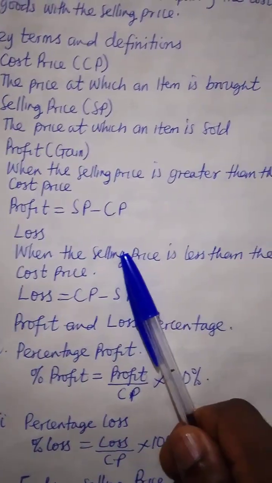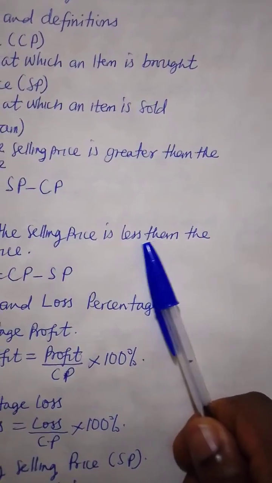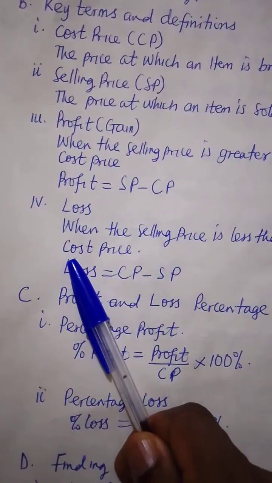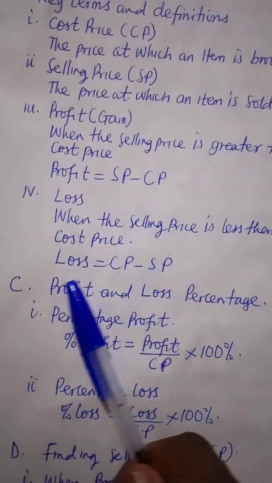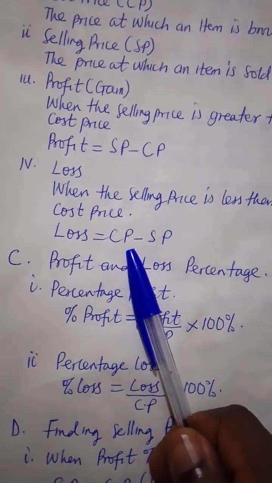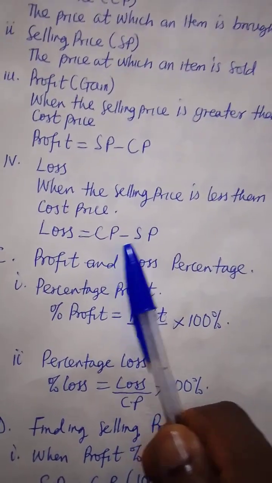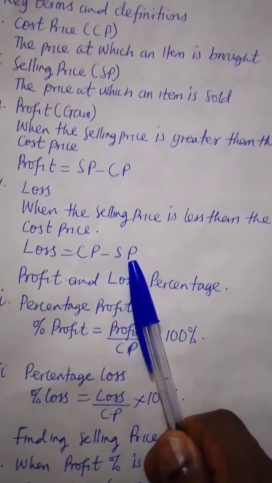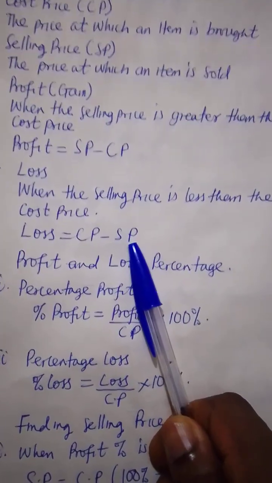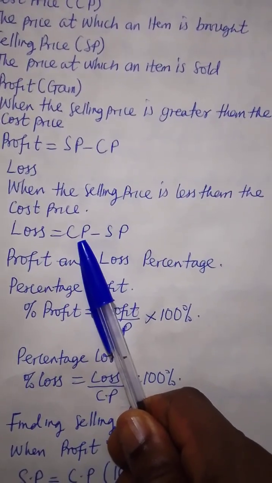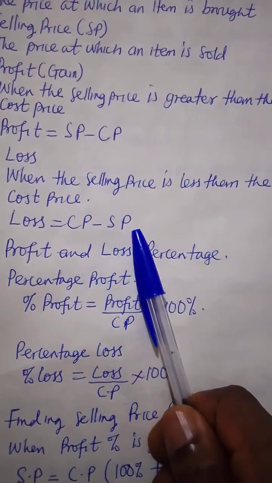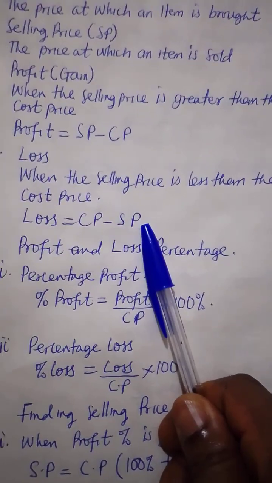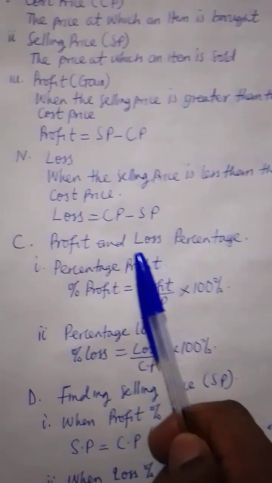When the selling price is less than the cost price, your loss becomes CP minus SP. Don't forget, we use CP to represent cost price and SP to represent selling price.